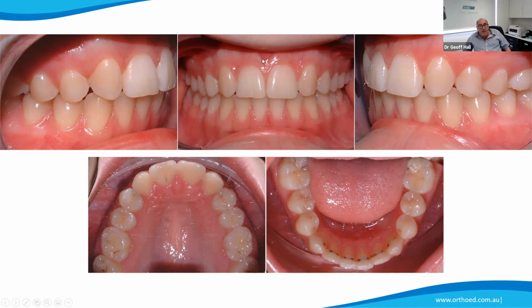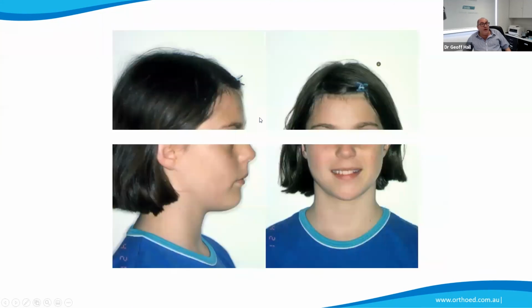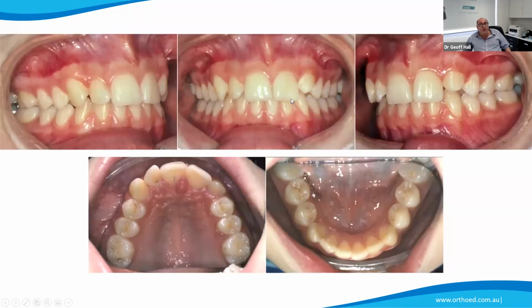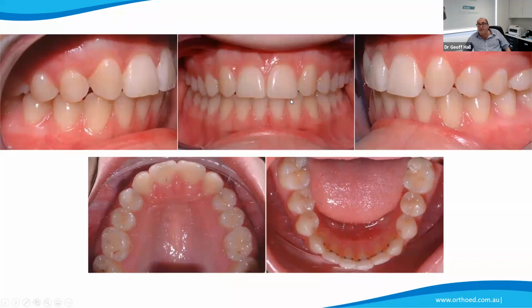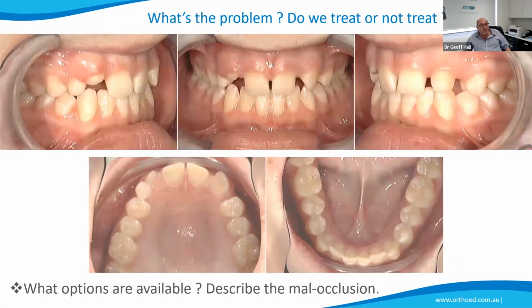I've been able to get the centre lines correct, etc., etc. So what could be a very difficult problem, I found a very easy solution that can now be resolved very, very simply with simple restorative work by you guys.